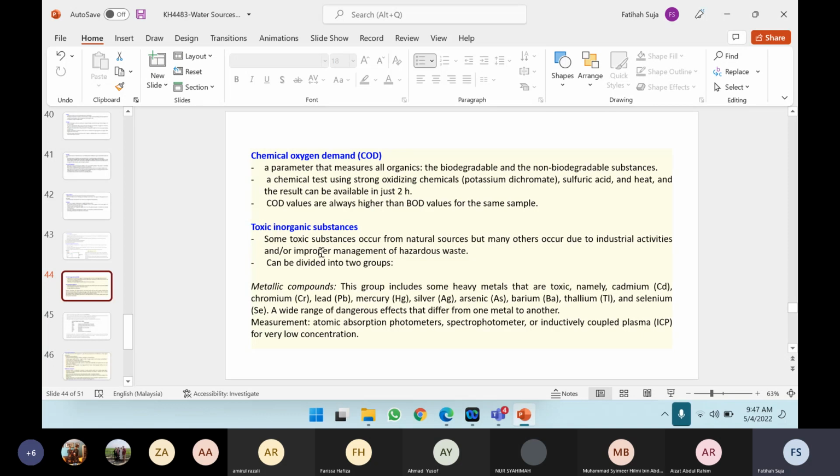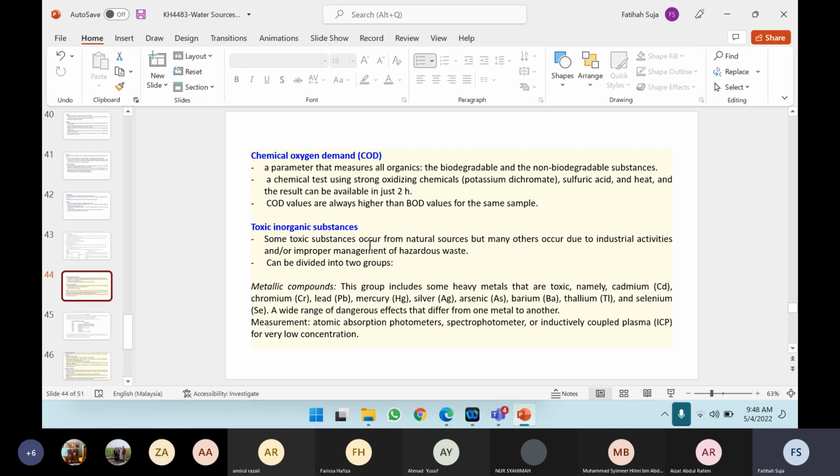Toxic inorganic substances. Okay, just now we talked about organic substances. So most of the time, organic substances like lipids and carbohydrates are not harmful.